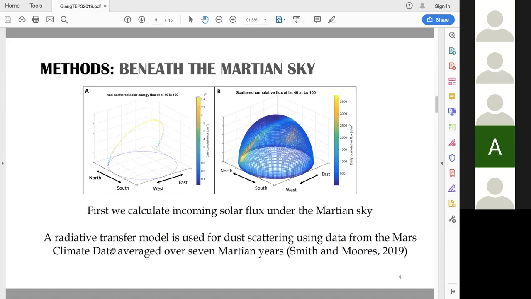So we use a radiative transfer model, and we take data from the Mars global climate data, and then we average that over 7 Martian years. We feed the incoming sunlight through the model, and then we see how it is scattered, as you can see here through the right plot.